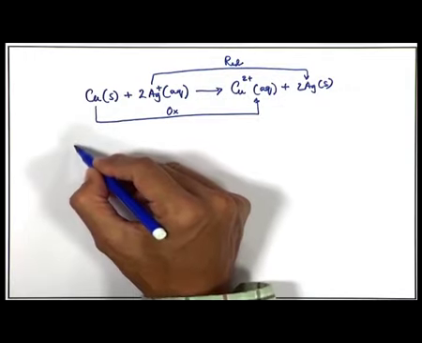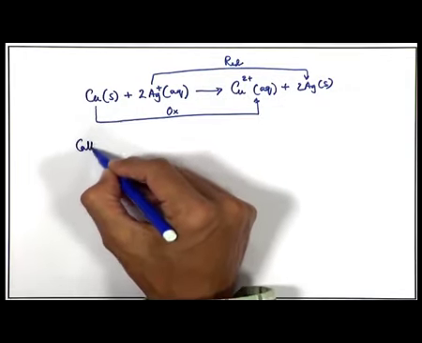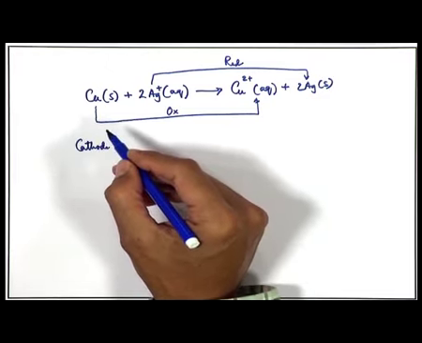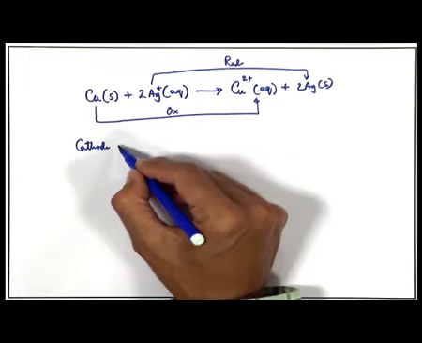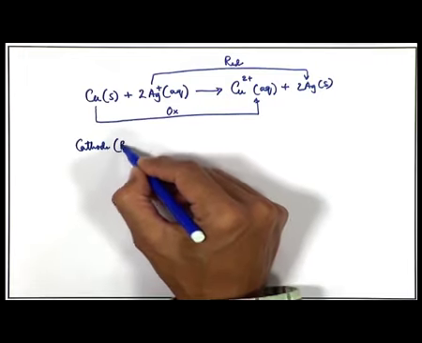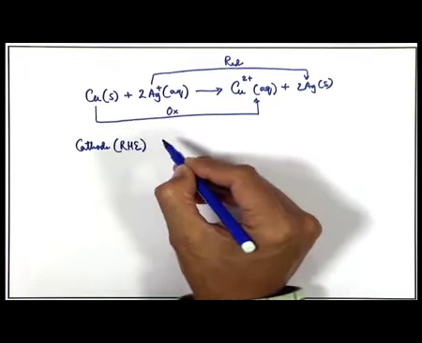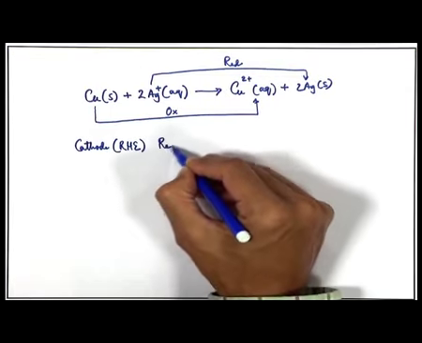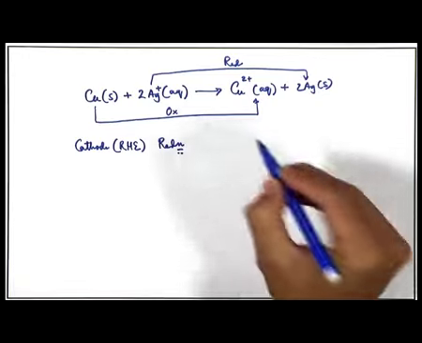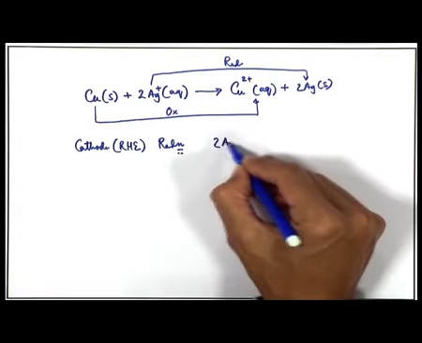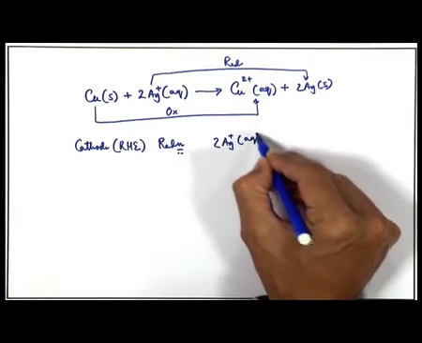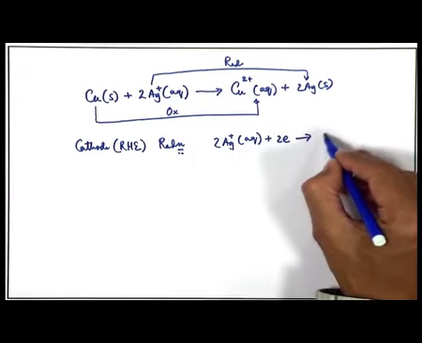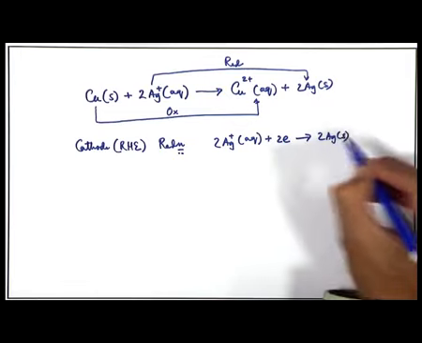So, we know that at the cathode, which is generally written as the right hand electrode, reduction is taking place. So, the reaction will be 2 Ag plus plus 2 electrons, that gives you 2 Ag solid.